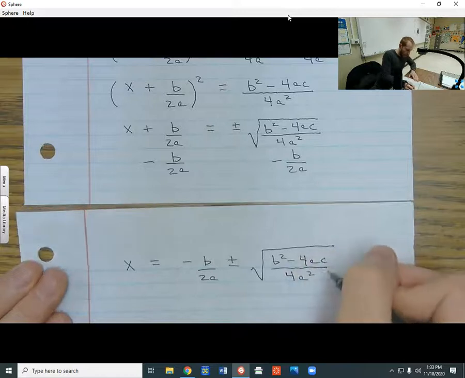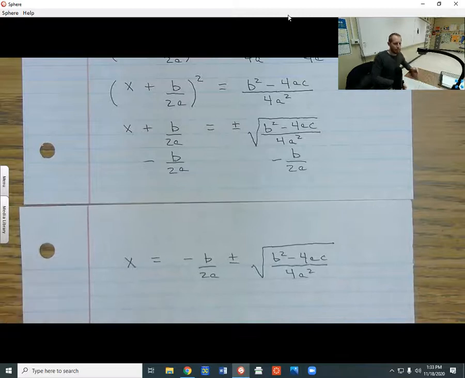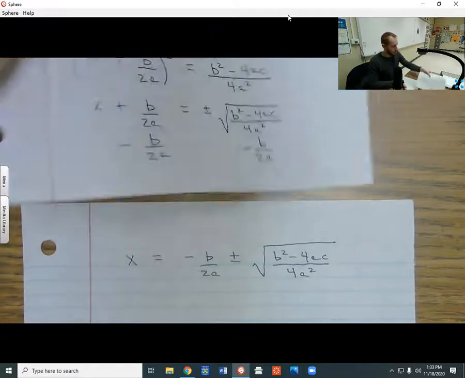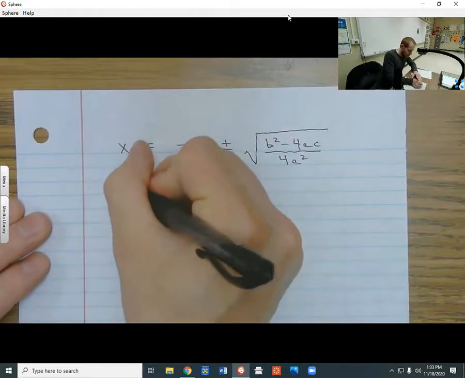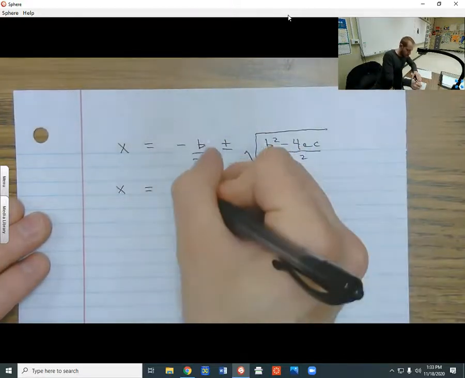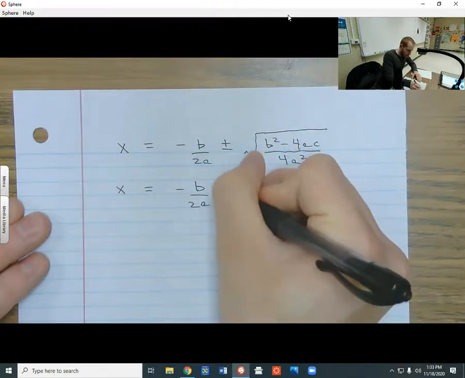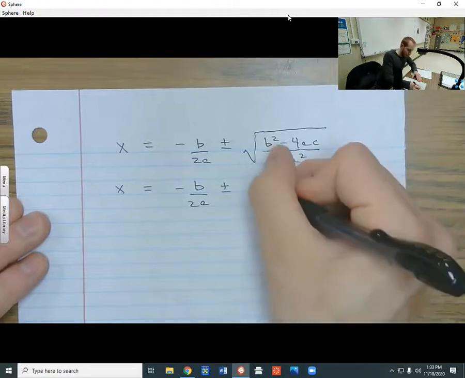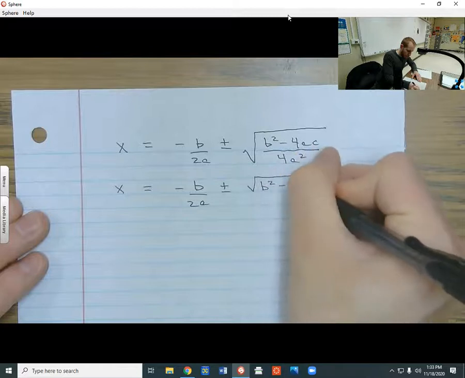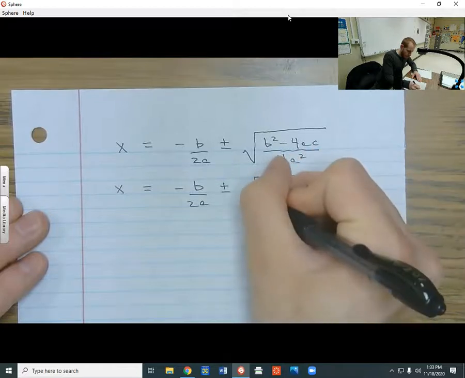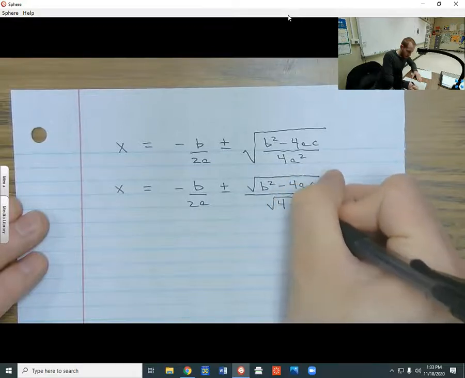And now, since I have the square root of a fraction, I can actually break up the square root into a square root on the top and a square root on the bottom. So continuing with this, I still have x on this side, I still have negative b over 2a, I still have my plus or minus, but now I can actually write the top as a square root, I still have b squared minus 4ac, and then I can write the bottom as a square root, where I have 4a squared on the inside.